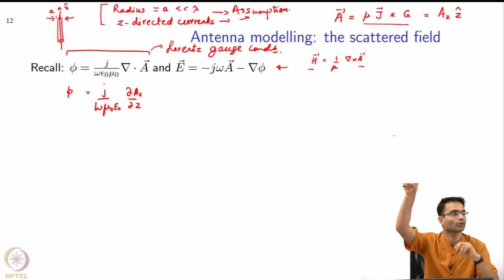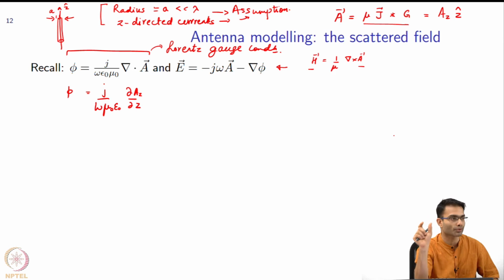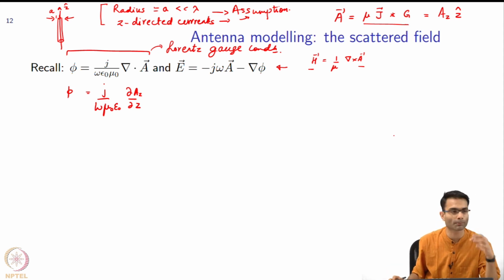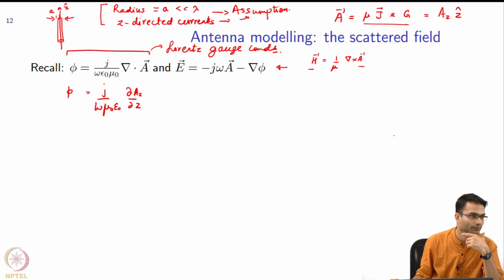So, that is the property I want to utilize. Fields inside a conductor are 0. So, for that I need the electric field. That is why I am going from A to phi, that is why I have written phi over here, and phi and A together are going to give me E. Okay. So, that is just planning ahead, why I am writing the electric field.